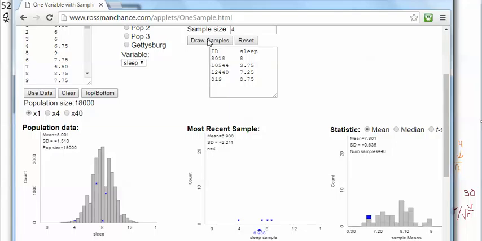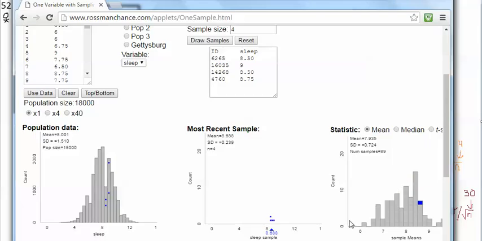Now all of these sample means that are being recorded on the right side are starting to form a shape as I repeat the study over and over again. And when I take more and more samples, I'm using up more and more of the possible samples, which means that as this builds up, it's getting closer and closer to the shape of all possible samples that I talked about earlier.